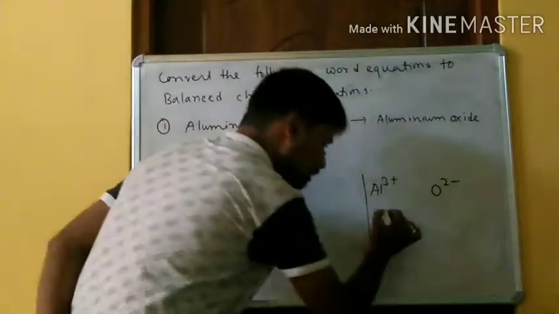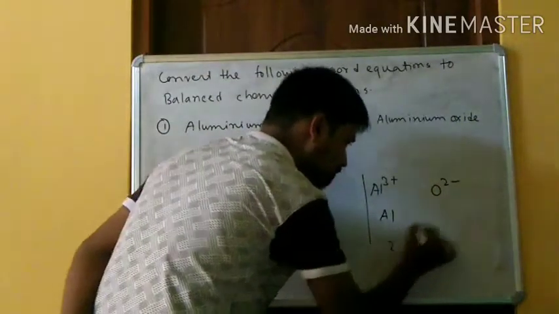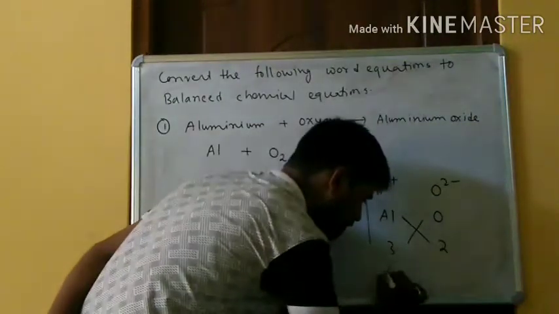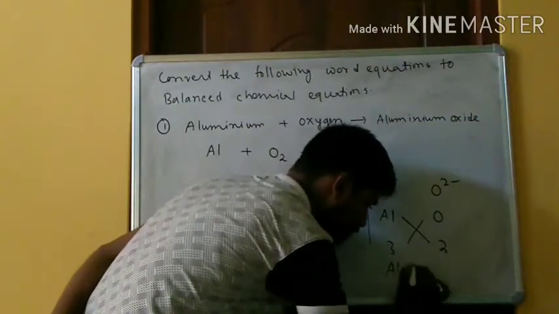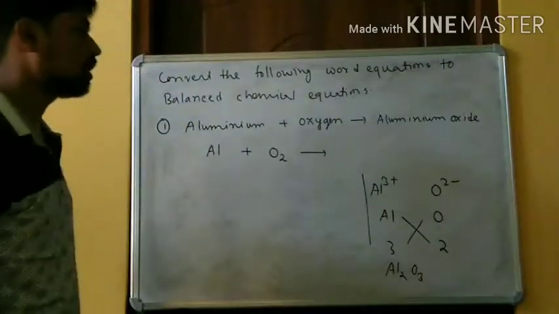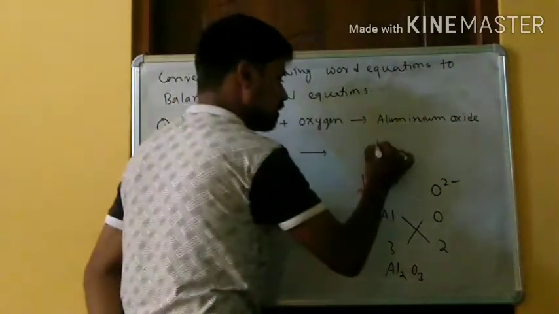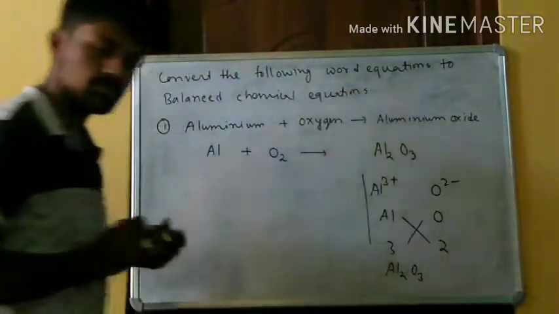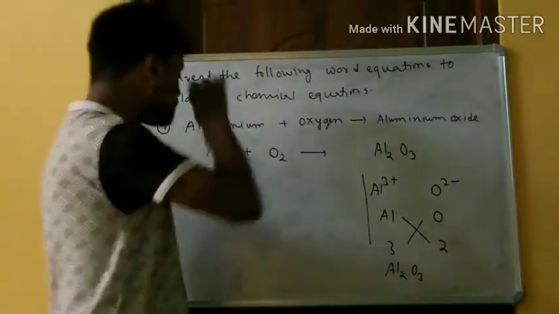Write 3 below aluminum and 2 below oxygen, and cross multiply them. It will become Al2O3. So the formula of aluminum oxide is Al2O3.